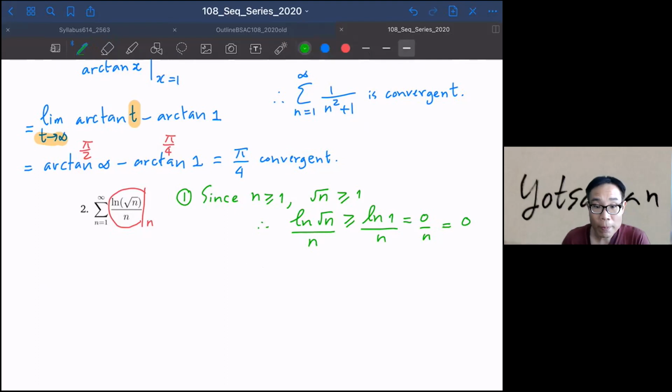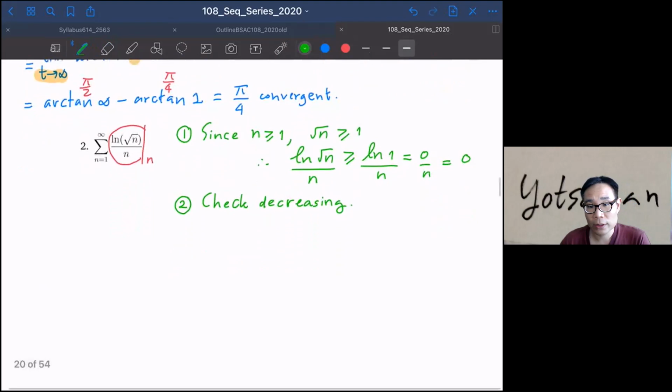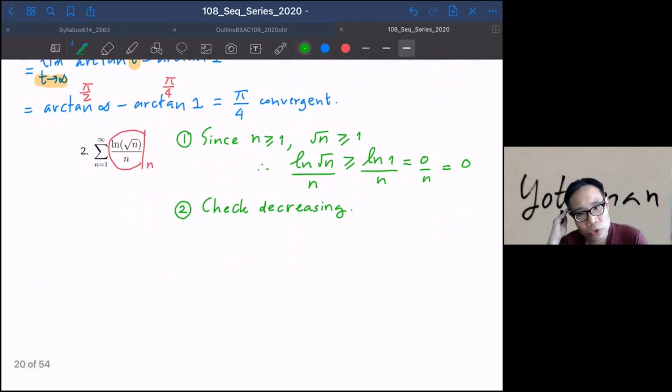That is just the first step. The second item that we need to check is decreasing. For checking decreasing, you'll not be able to do the direct comparison because you're going to have the quotient. So it's not possible to do the comparison like in the previous case, because here you have n on top and on the bottom.